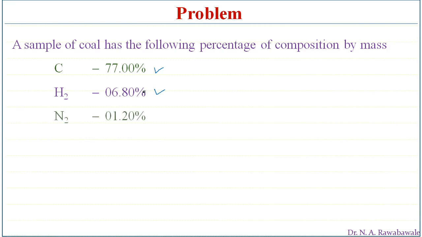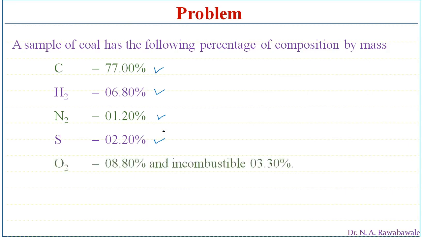Then the fuel contains nitrogen, 1.20%, and sulfur is also present, 2.20% by mass. Oxygen is present, 8.8%, and incombustibles, the contents like ash which are not capable of burning, are 3.30% by mass.